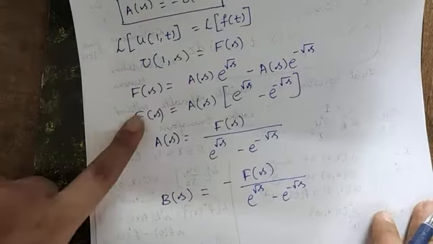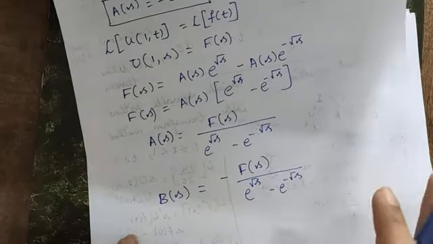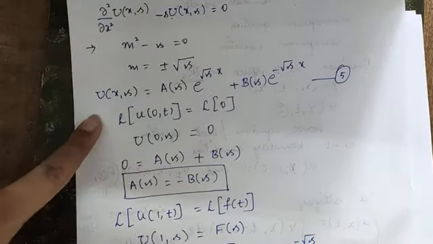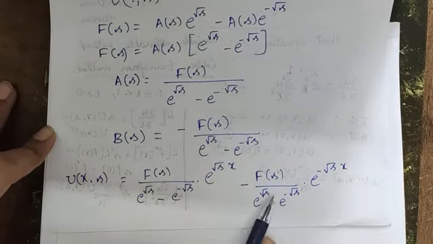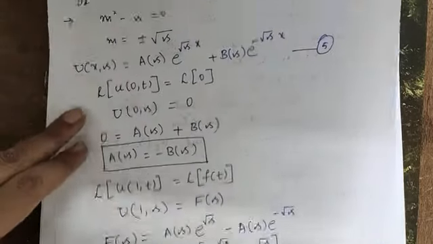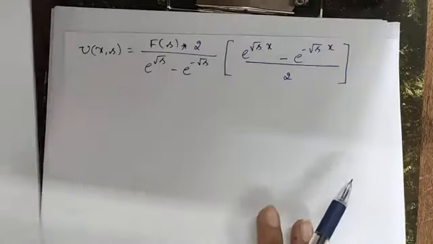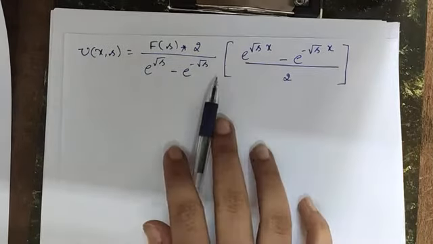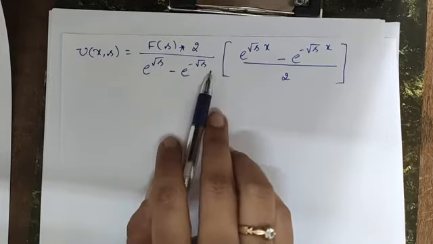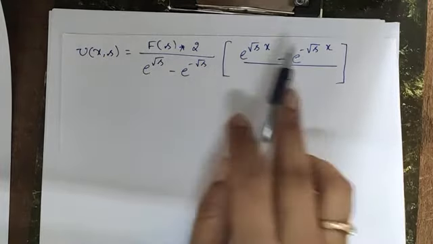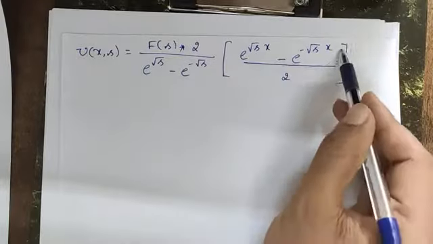So I got the unknown values. Substitute these values in your equation number 5. I have substituted the A(s) and B(s) values in equation number 5, and then you can take common terms outside, that is F(s) by e^(root s) minus e^(minus root s). If you take this outside, you will get these terms.